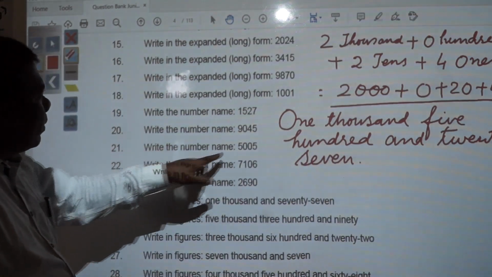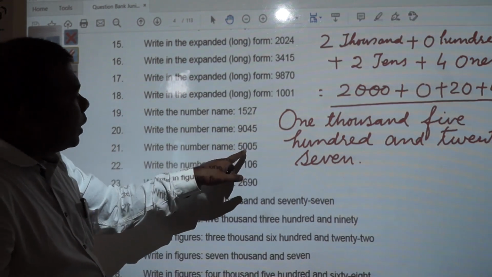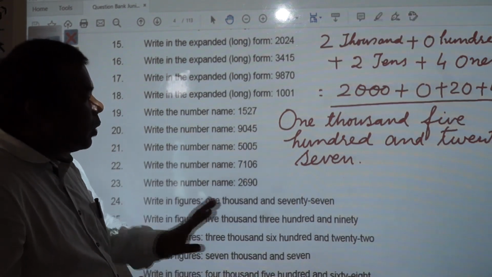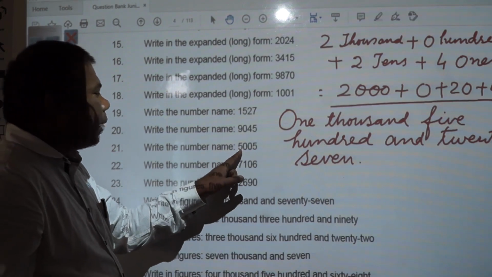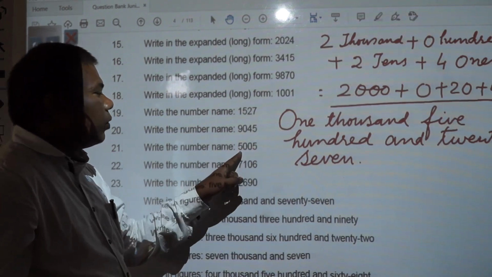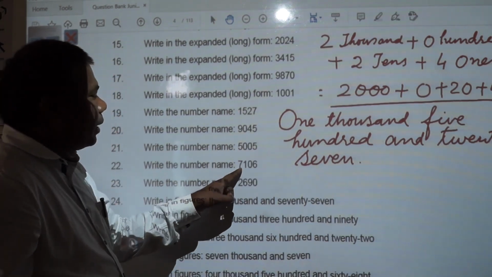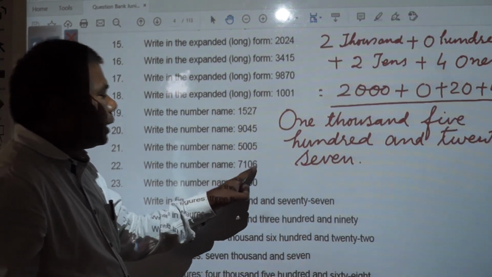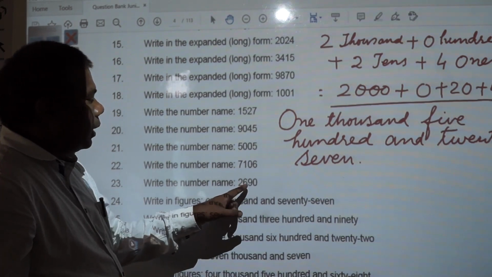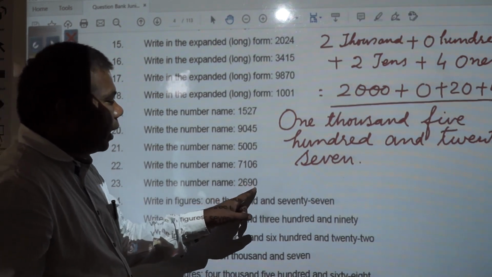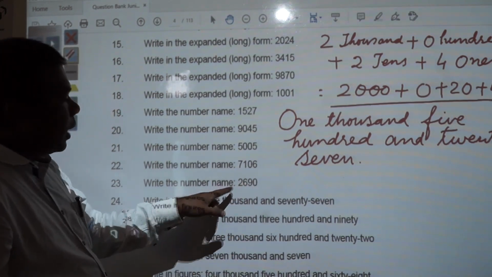Other questions you have like 5000, 00, so no need to write anything. Simply 5005. What number will it be? 5005. 7106. 2690. So likewise you will write.